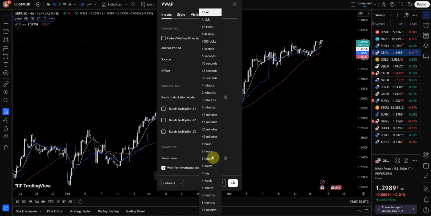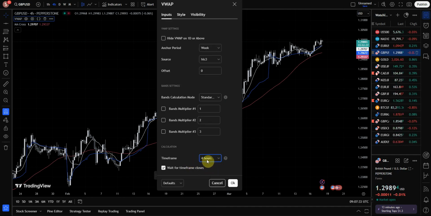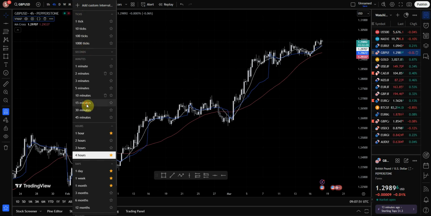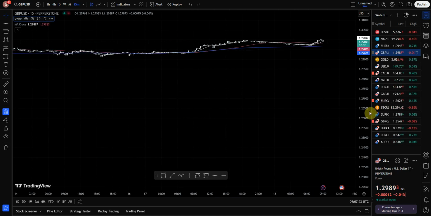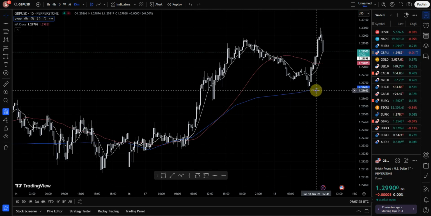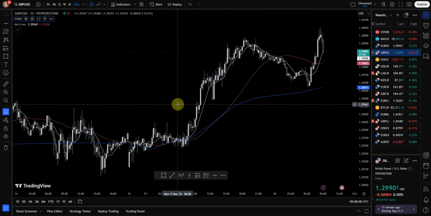And then the time frame. My time frame is H4. I don't know why it changed to chart again. So let the time frame be H4, because that's my primary time frame for analysis. Most of my trades come from the H4. So even if you go to the 15 minutes to look for an entry, the VWAP you are seeing on the 15 minutes is still the same one you see on the H4.